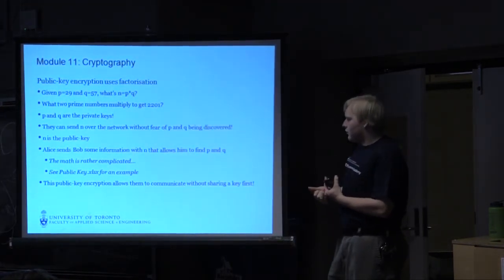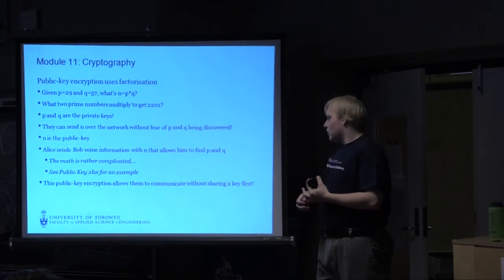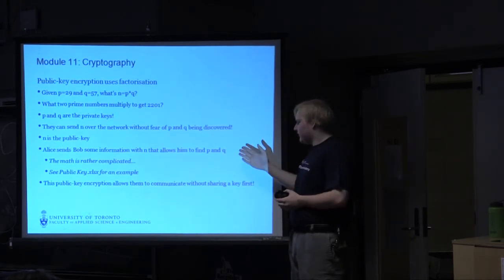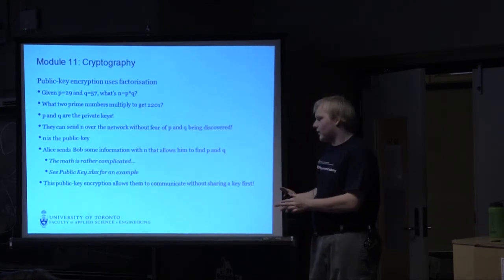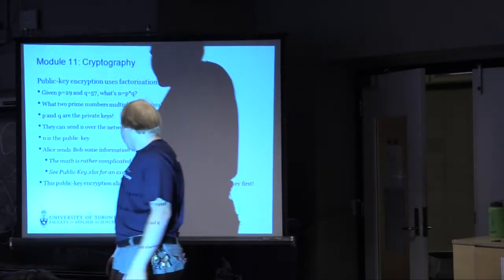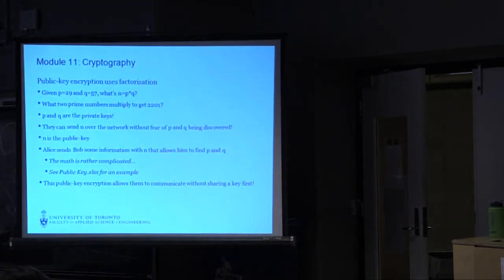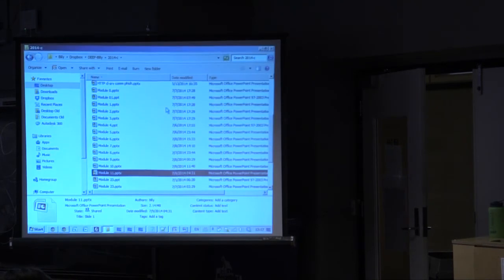So Alice and Bob sends Bob some information with N that allows him to find not quite P and Q, but something similar. So we'll take a look at publickey.xlsx. It's in your shared folder.